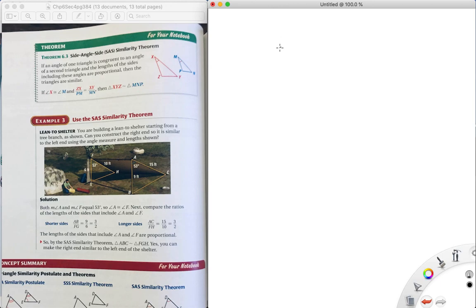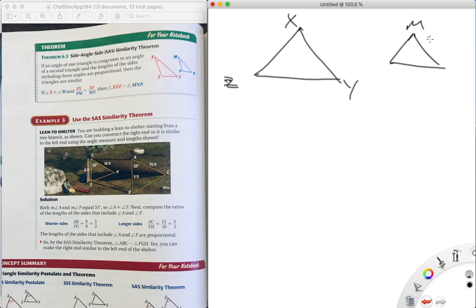So if I had a triangle, one big, one small, they call this one XYZ, and they call this one MNP.